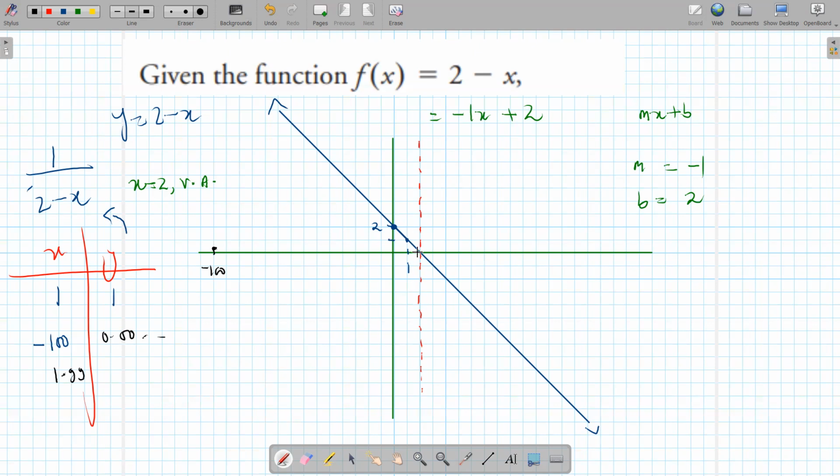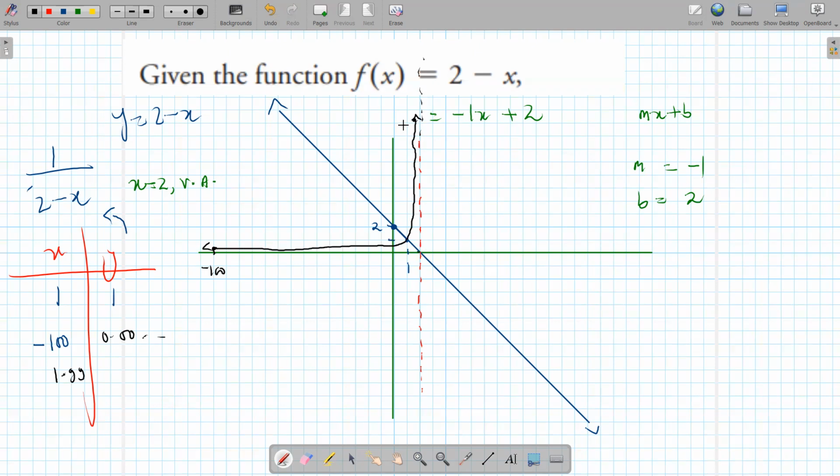So 1.99 means right here, next to the left of 2, we'll go all the way up there, 100, and then we're going to connect the dots, right? So where did this go? This went through this 0.00 something, went to 1, and then when x is 1.99, it goes to 100, like that. And it's going to keep going. It'll never pass that. It's going to go upwards towards infinity.